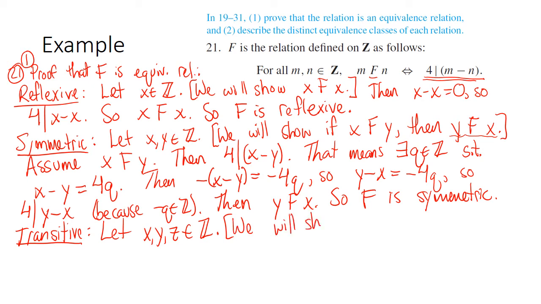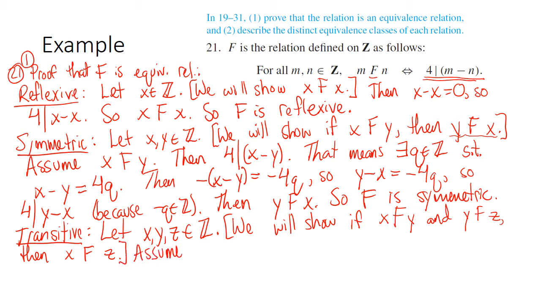We will show that if x is related by f to y and y is related by f to z, then x is related by f to z. Okay, so in order to show that, I'm going to go ahead and assume the if part. So assume x is related to y and y is related to z. Okay, so what do I get for that assumption?